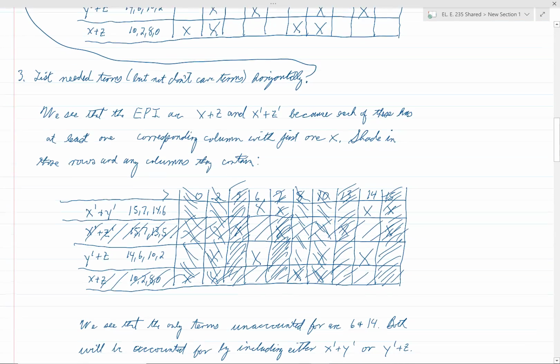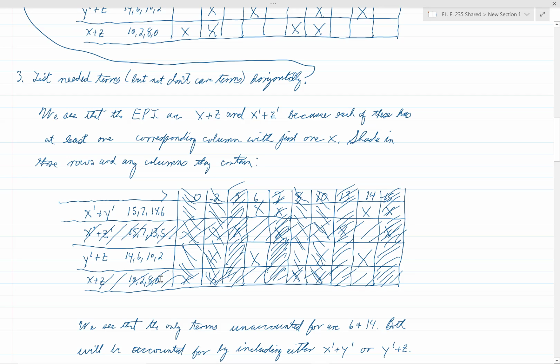In this table, I have crossed out both of the rows that contain the essential prime implicates, but I have also crossed out every column that corresponds to a column in which either of the prime implicates has an X. For instance, let's look down here at this bottom row.